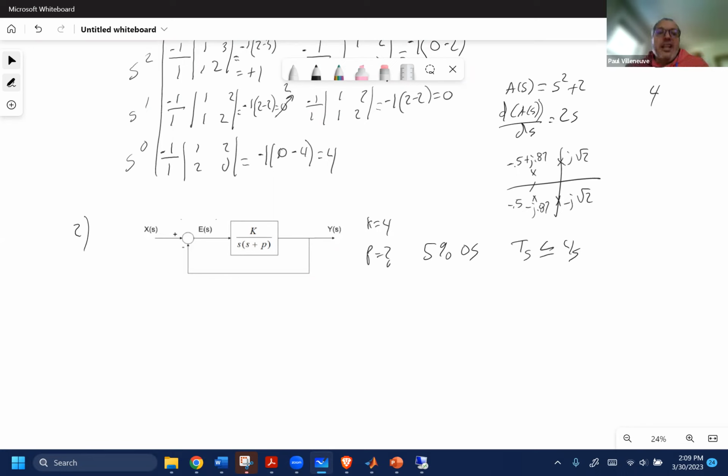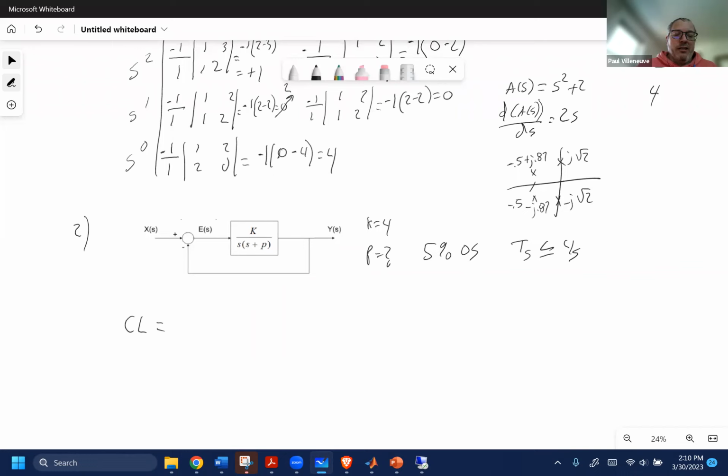So the first thing I need to do is figure out what the system transfer function looks like and see if I even have to do any calculations, because it might not even be an overdamped system. If it's an underdamped system, it could be overdamped or critically damped. We don't know. So first I'm going to find the closed loop transfer function. Let's immediately substitute in 4.